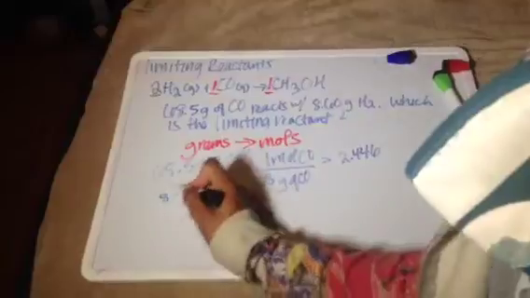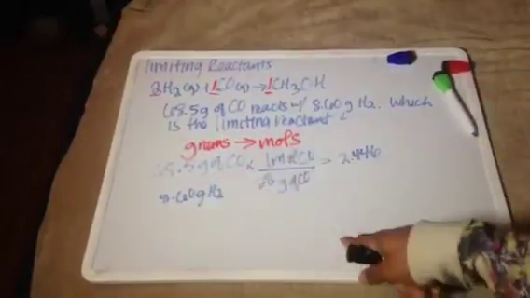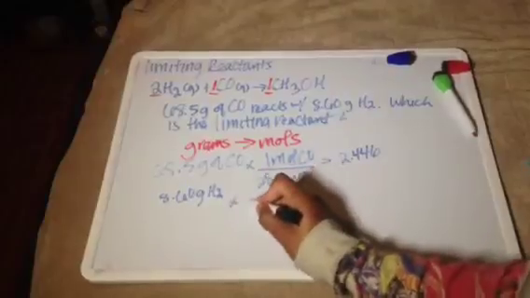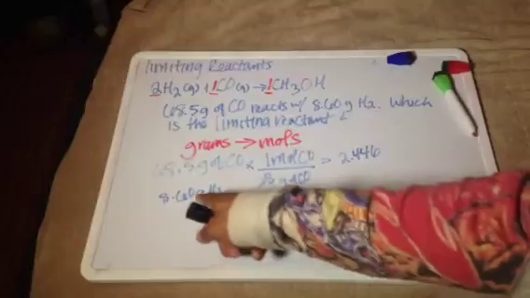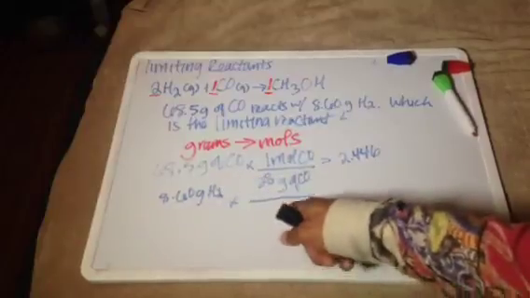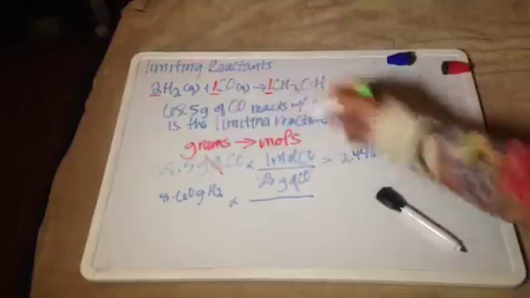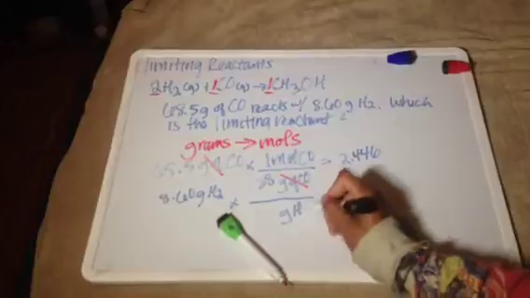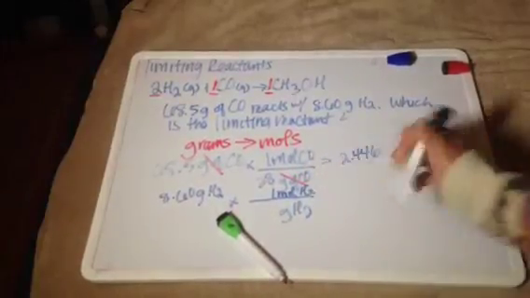Okay? And now we're going to do the same for the hydrogen. So we have 8.60 grams of H2. Do our conversion fraction here. We know we're going to go from grams to grams on the bottom so that these cancel out. We cancel out these up above. I'm going to do the same here. Grams of H2 to provide 1 mole of hydrogen.